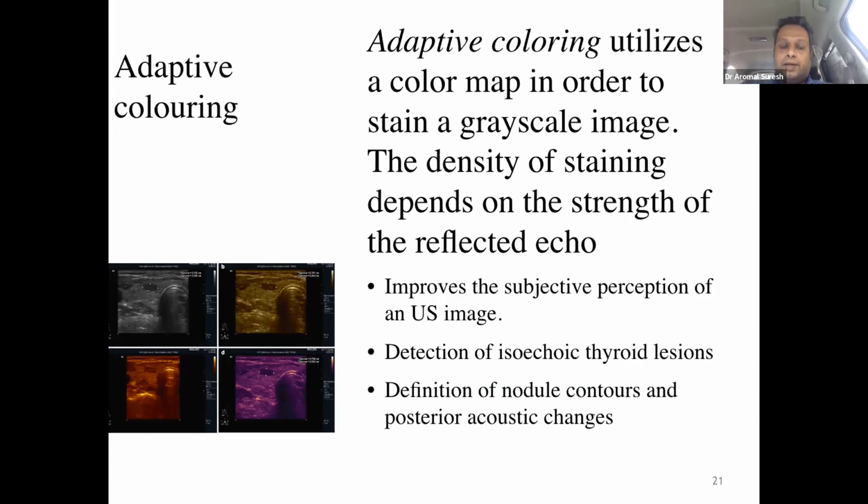So it should be used in an isoechoic thyroid nodule, because most of the time, once a thyroiditis patient comes, you will find one ultrasound report saying there is no nodule, and another saying there is a nodule of 2 by 1 centimeter or something. So the patient will also be confused: sir, what happened? Is it resolved? The only thing is, you have to use the harmonic and the adaptive coloring, and then you can very well make out whether there is a pseudolobulation or a nodule.